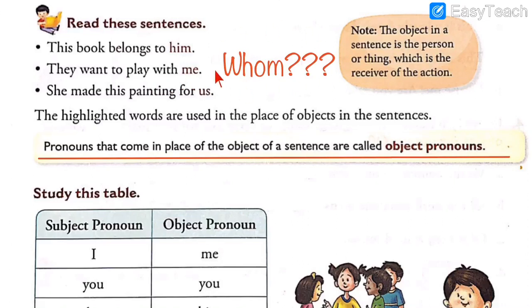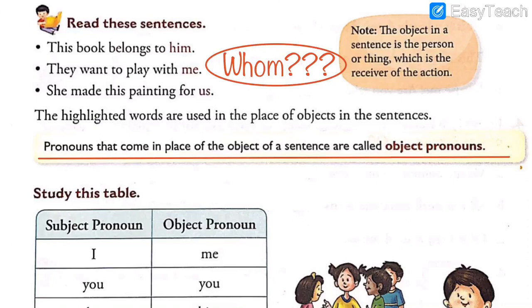So similarly, this is the keyword whom. When you ask the keyword whom, you will get your object pronoun. What is the keyword that you will ask? You have to ask the keyword whom. In all the sentences, when you ask the question whom, you will get your object pronouns. For example, if I tell you one more: I want to play with them.